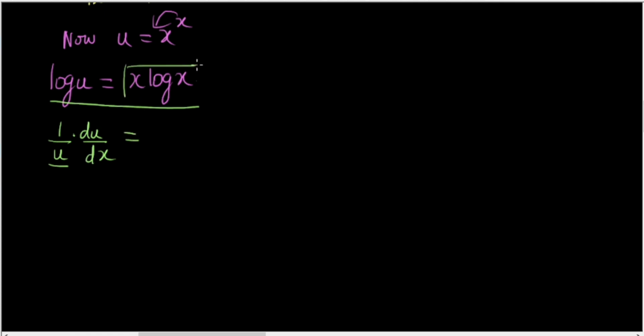Here on the right hand side, as usual, we are going to apply our product rule. The product rule says whenever two functions are in product form, the derivative is uv dash plus vu dash.